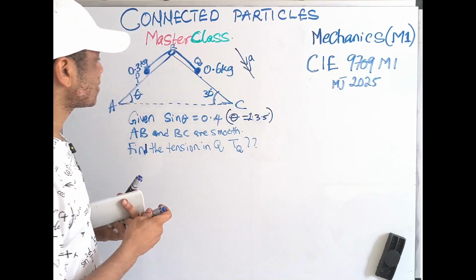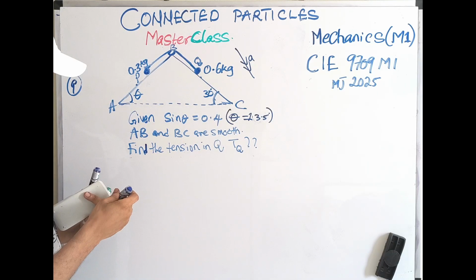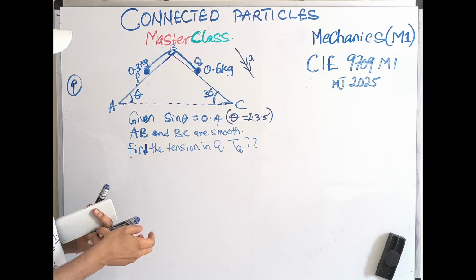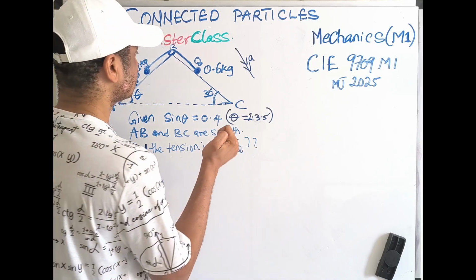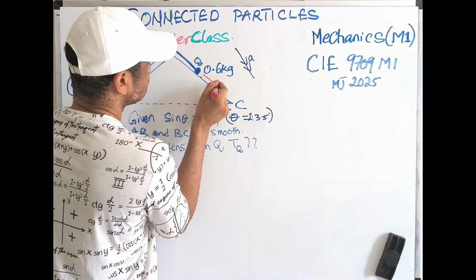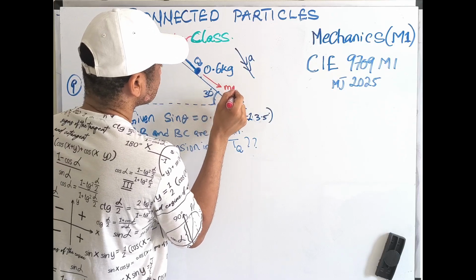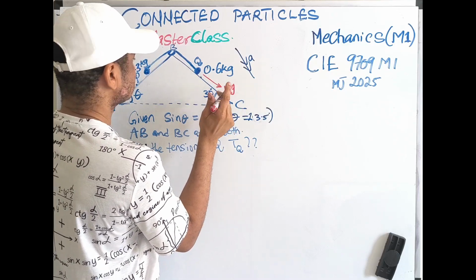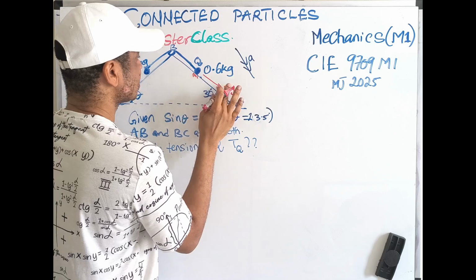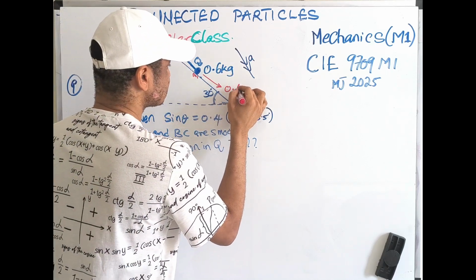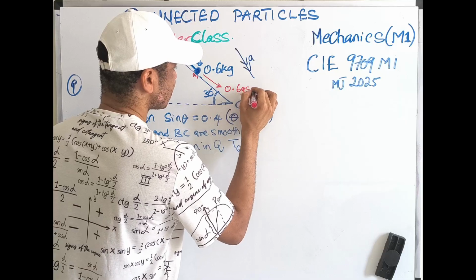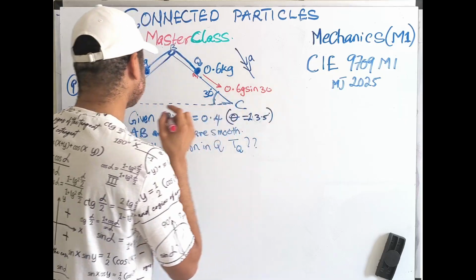Okay, so first thing I'm going to do, I'm going to resolve this according to the direction in which it is going. So remember from our video, we said this is always mg. So let's call this m1. So mg sine theta: 0.6 g sine 30, this angle.